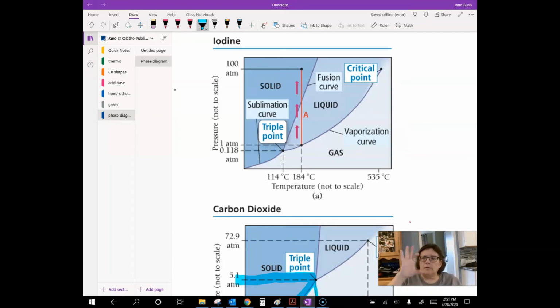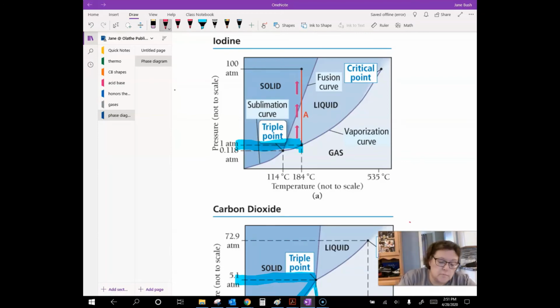But the whole bottle is purple because the little grains of iodine have changed and deposited on the sides of the bottle. Here's 1 atmosphere, and you can see that at 1 atmosphere, we can go between a gas and a liquid fairly easily if it's 184 degrees.